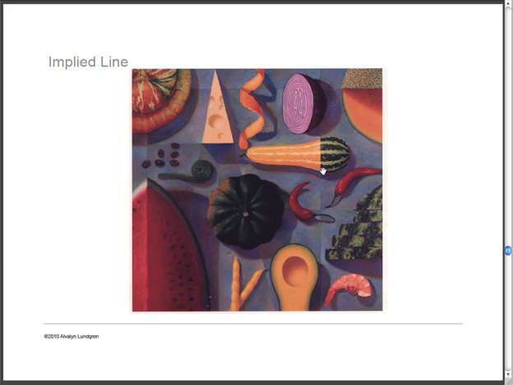Notice the implied line here coming up from the shrimp and moving up, and now it associates and directly relates and is carried through with this division line in color on the squash. So the implied line is used to help flatten the space.